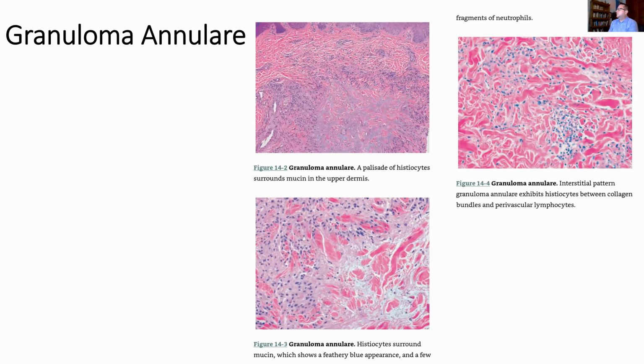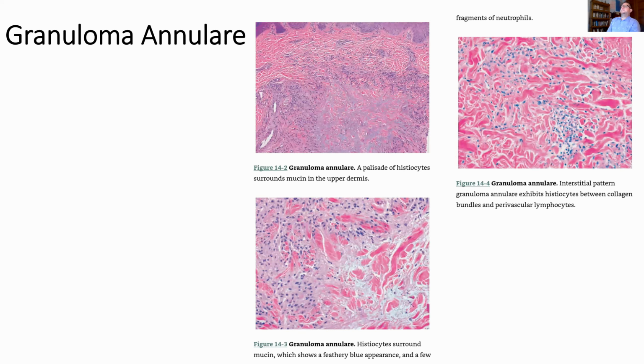And I actually had a case a couple of years ago where the patient was thought to have lupus, got a biopsy, got histologically perfect granuloma annulare, and they started light treatment. Patient got worse, and it actually was just an incidental GA in a patient with lupus. So the patient did have lupus.